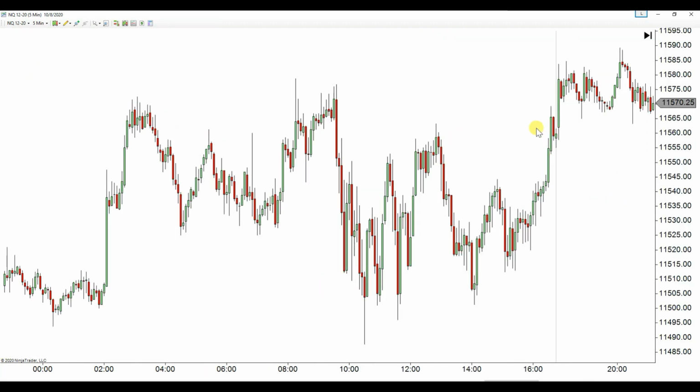So this was Thursday's close. This is a 5-minute chart, and Thursday closed right around 555 or so. So for me, it was definitely above 520.